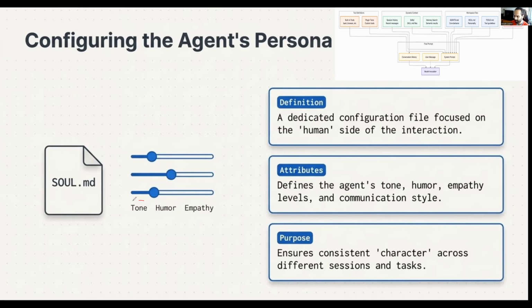So we define its tone, humor, or empathy levels. You can add as many attributes as you need. And the advantage of having these kinds of files is that you keep your agent character consistent across different sessions and tasks. So you don't need to define them each time, and you define or update them only once.